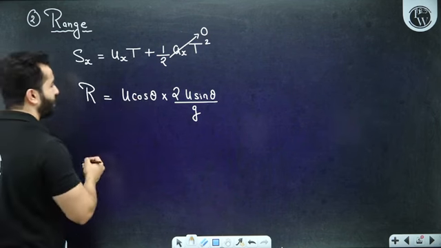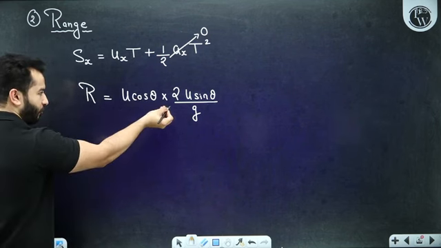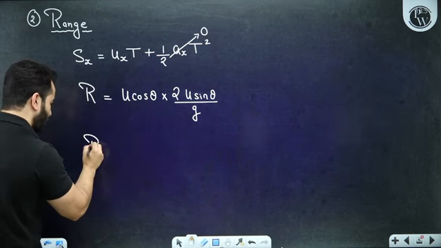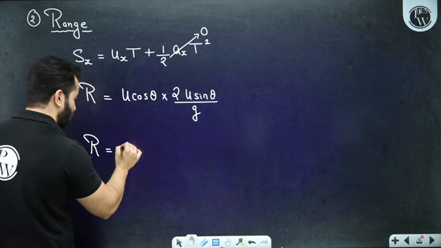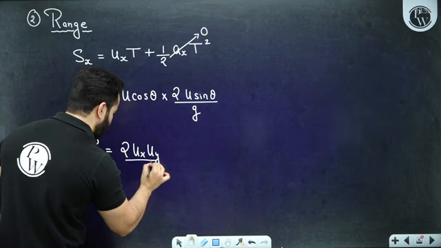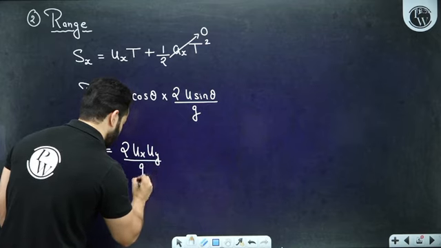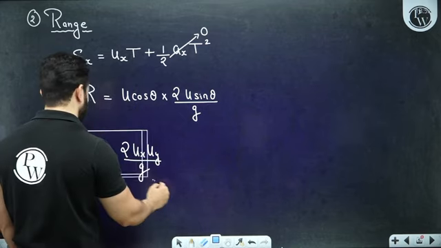Right now we have got different formulas for range, different variations for range. One of them is this. Another one can be, I'll write it as 2 ux uy divided by g. So one of the formulas is something like this.